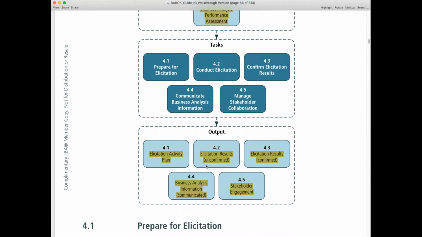And then we've got our communicated business analysis information and our stakeholder engagement. Now, stakeholder engagement isn't an actual deliverable, it's more like a state of stakeholders being engaged.